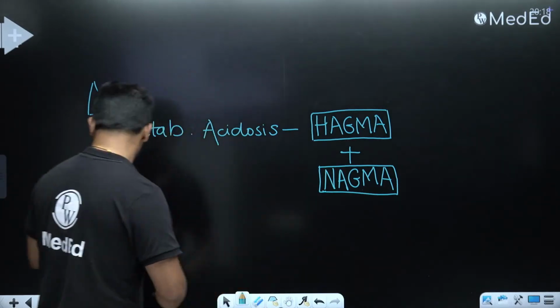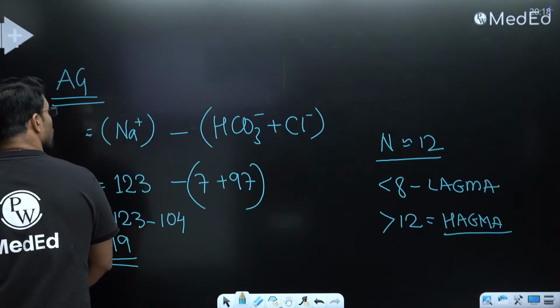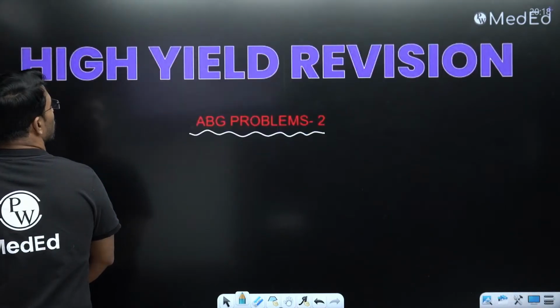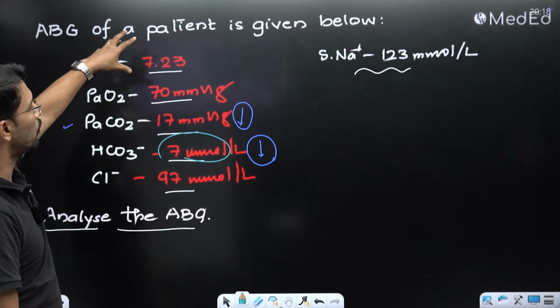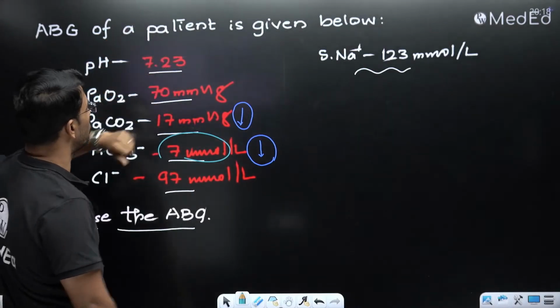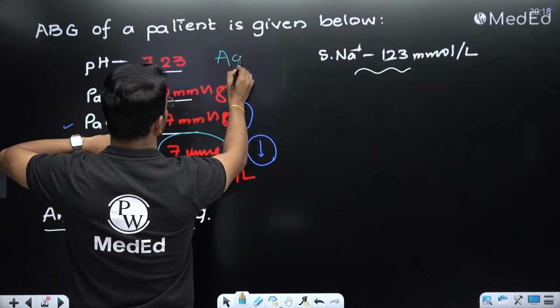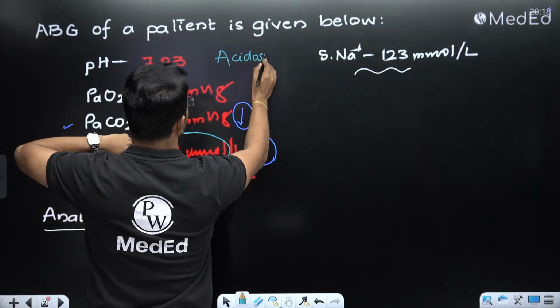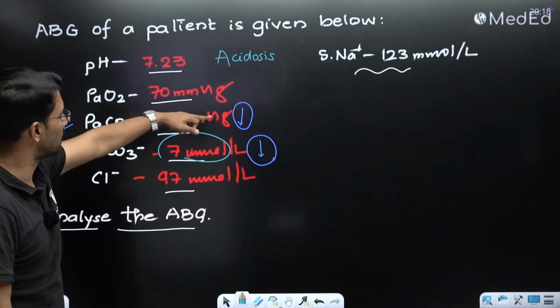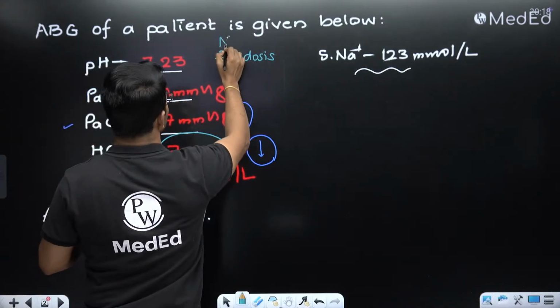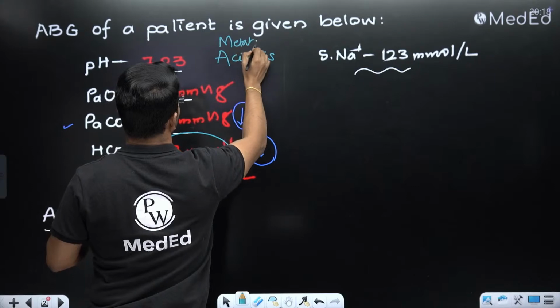So let me recap one last time before I conclude the session. We had this problem of a patient with this ABG picture. pH was 7.23, less than 7.35. So that is why we called it acidosis. Because bicarb is decreased and PaCO2 is decreased, PaCO2 and pH in the same direction, we called it metabolic acidosis.